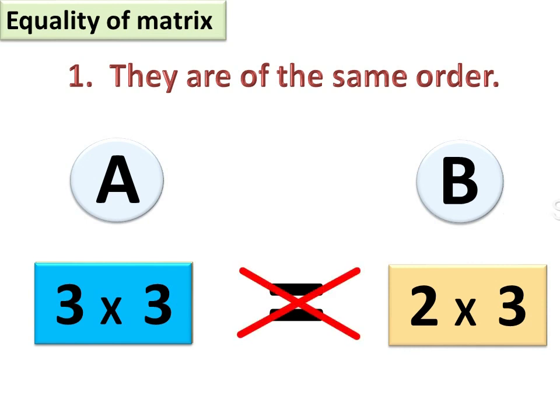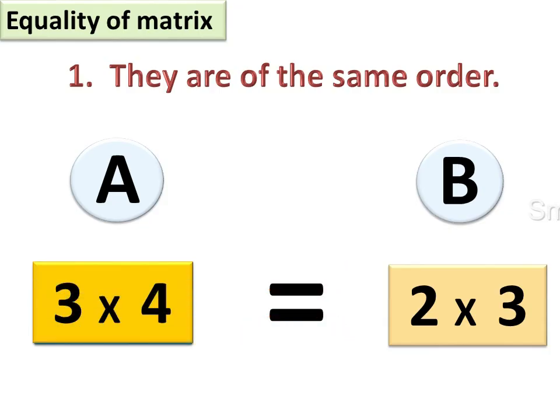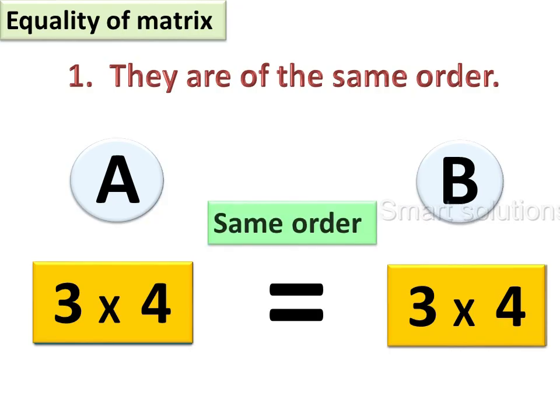Now, both matrices are of the same order 3 by 4, so they can be equal.